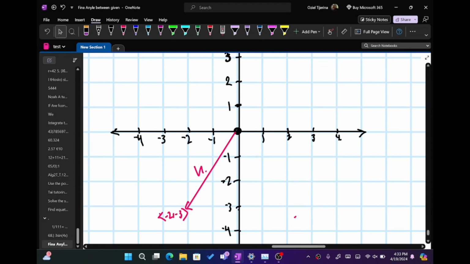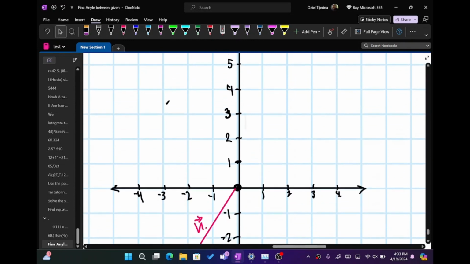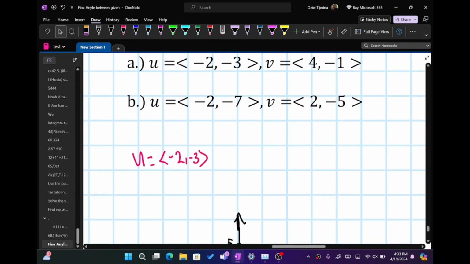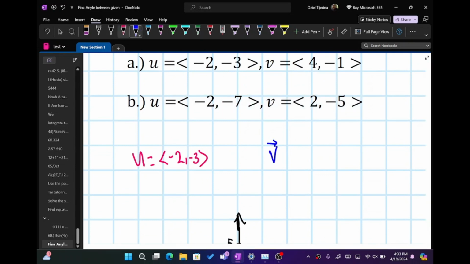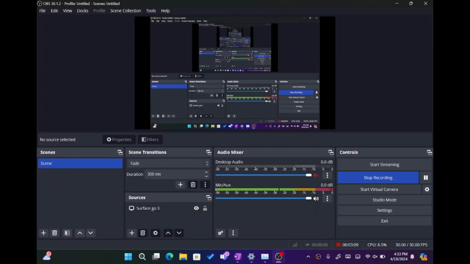Okay. And then for vector v, we have 4, -1. I forgot to put the little arrow symbol. I really don't know if that's how you do the arrow symbol for a vector, but I'm just putting it like that. The next one is 4, -1. Let me make sure you can hear me.